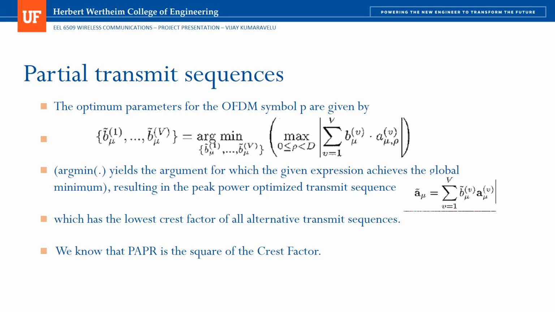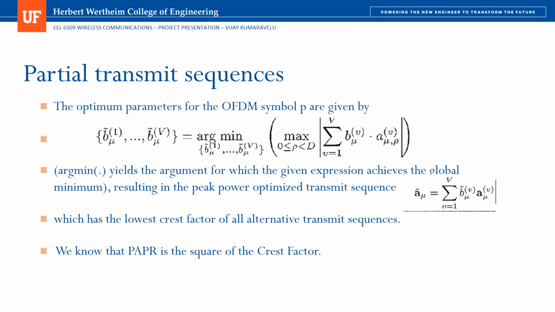So the optimum parameters for the OFDM symbol are then given by B mu of 1 to B mu of V. These are the optimization parameters, and by making sure that this achieves a global minimum value, we can make sure that it results in a peak power optimized transmit sequence, that is A mu is equal to the sum over V equal to 1 to V of B mu of V into A mu of V. Now this optimized transmit sequence has the lowest crest factor of all other transmit sequences.